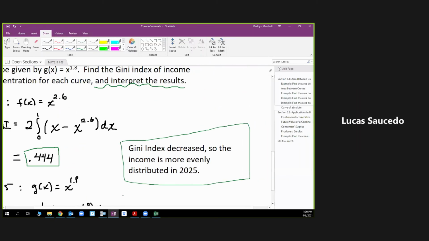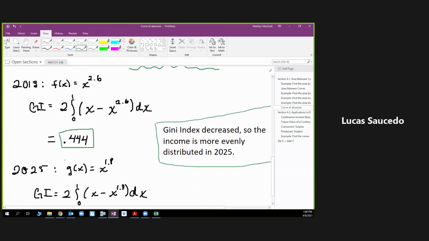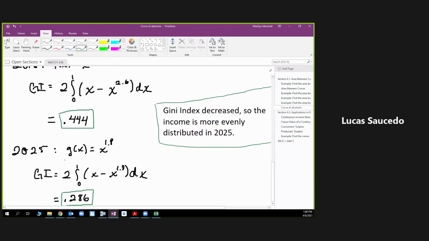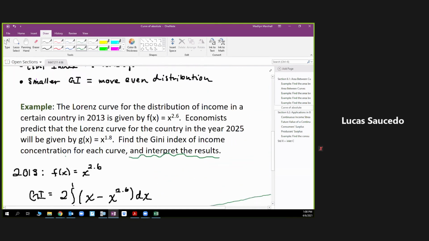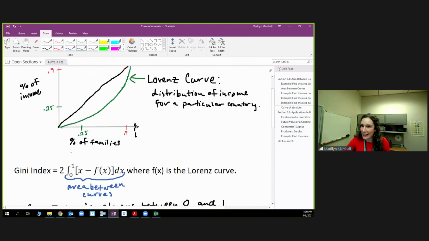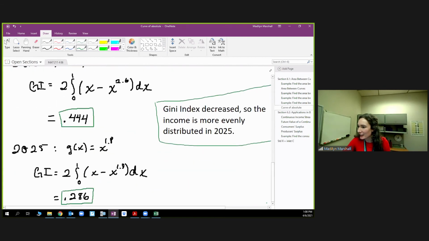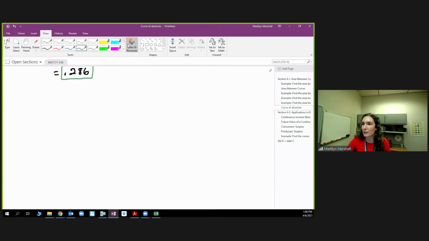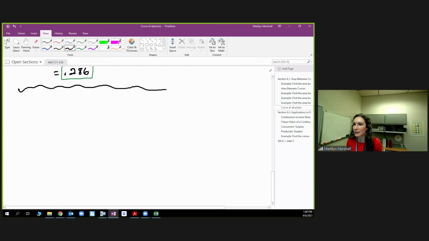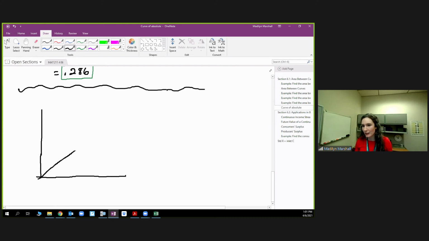Is it ever likely that there would be a Lorenz curve that's concave down? No, because, that's a good question. Let me draw a little. So if we imagine that same thing, and here is our line of equality.